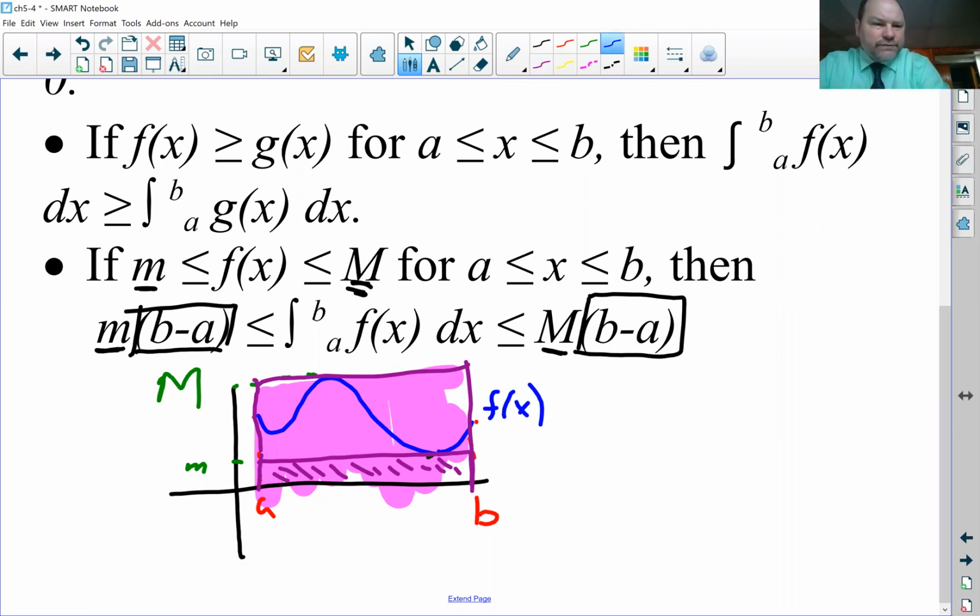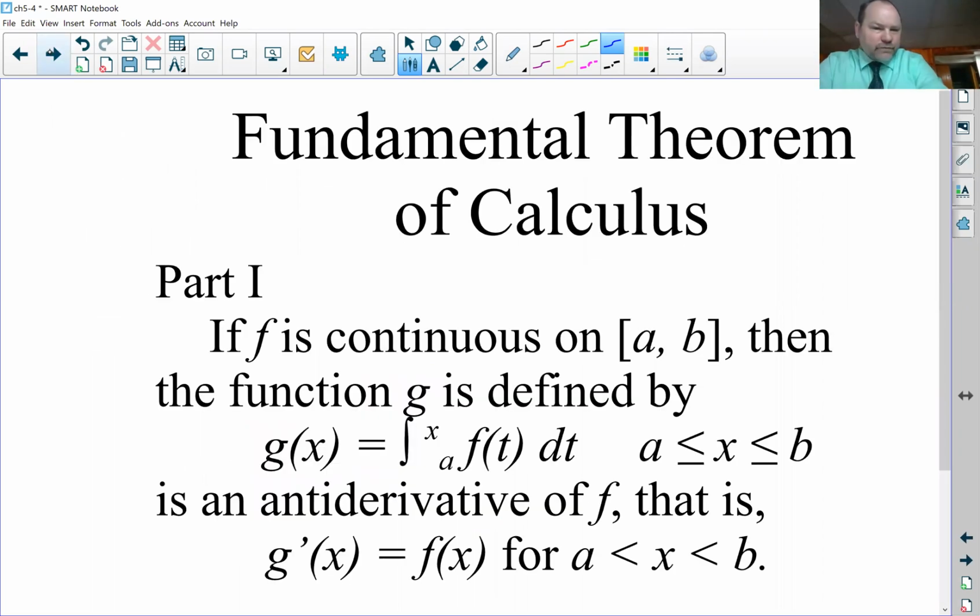All right. So the fundamental theorem of calculus, which actually comes in two parts.